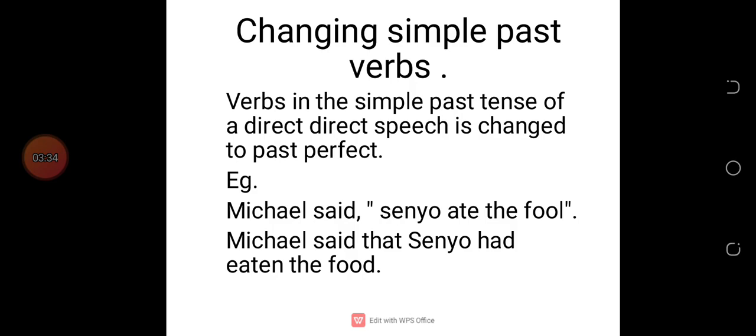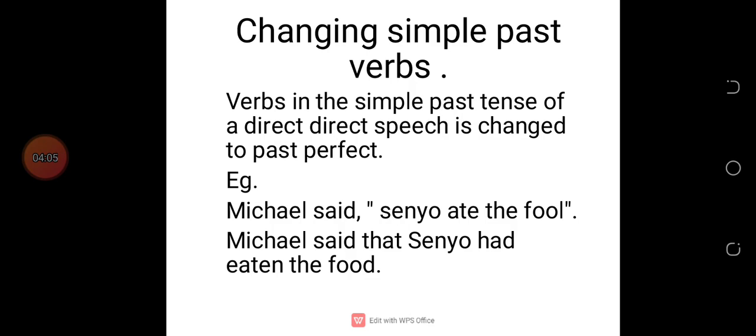So when we talk about the simple past tense or the past tense of the verb, we say that the past tense of a verb expresses an action that already happened and was completed in the past.